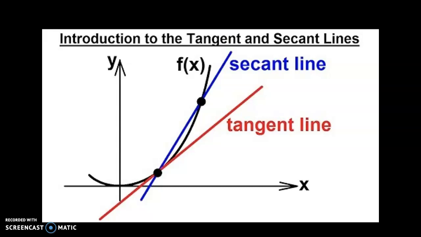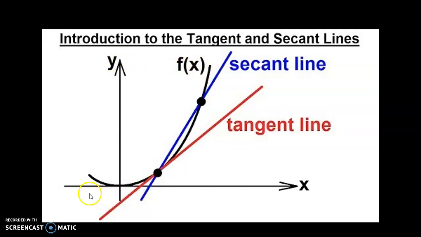Note that for every function y equal to f(x), there is a graph. That means for a function, I can always draw a graph. So here, this black curve is the graph of the function y equal to f(x).